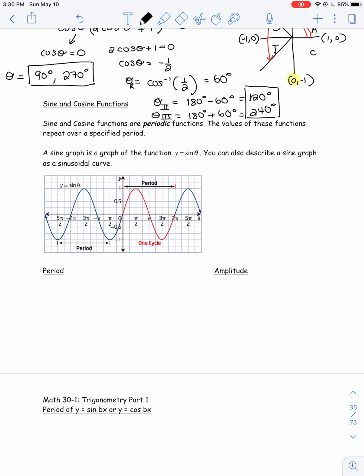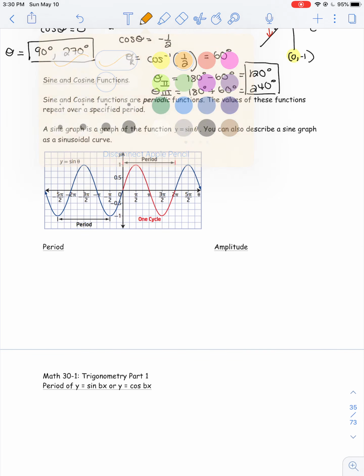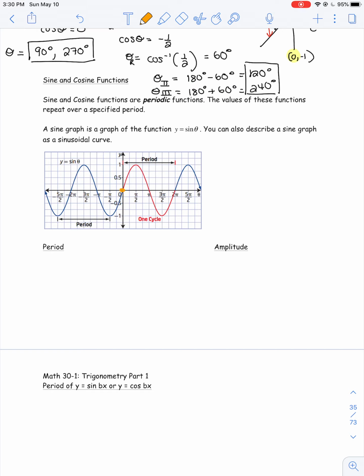In this case, what I want you to realize is that when we're looking at the graph, you'll notice that it goes through 0, 0, and then it goes to a maximum of 1 at pi over 2, and then it goes to a minimum of negative 1 at 3 pi over 2. Remember, pi over 2 is 90 degrees, and 3 pi over 2 is 270 degrees.